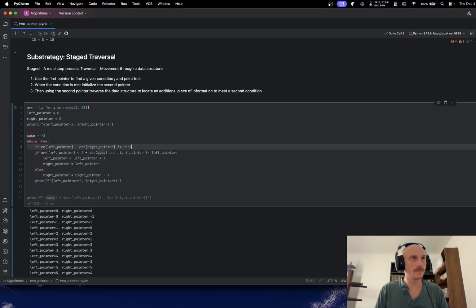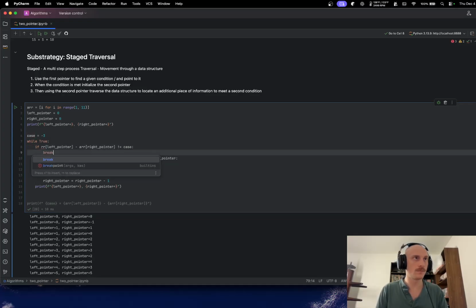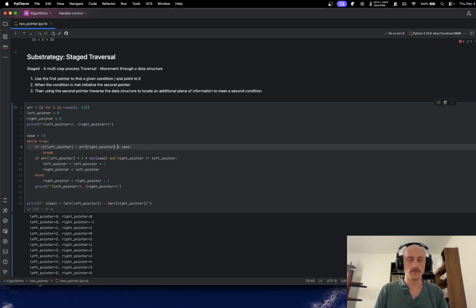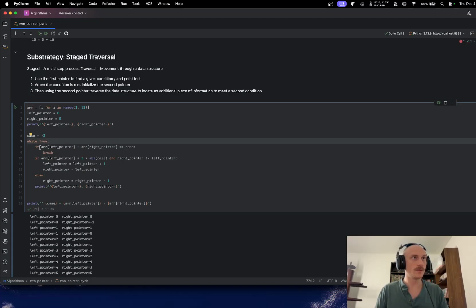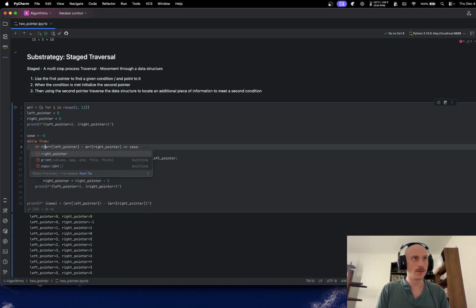if right pointer does not equal none and left and right pointer equal case.